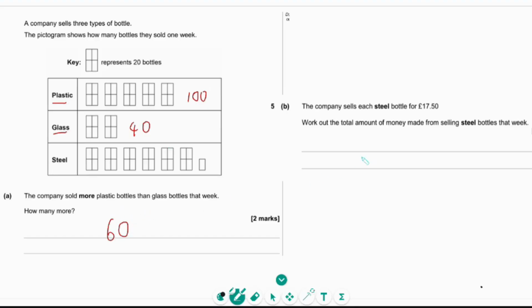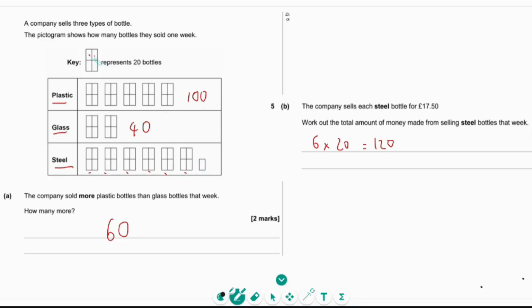The company sells each steel bottle for £17.50. Work out the total amount of money made from selling steel bottles this week. Well, how many steel bottles have we sold? We've got 1, 2, 3, 4, 5, 6. 6 times 20 bottles is 120. Now we've got this little rectangle here.